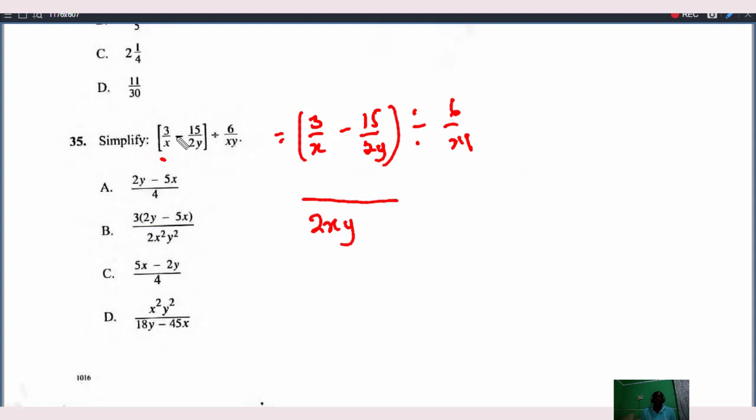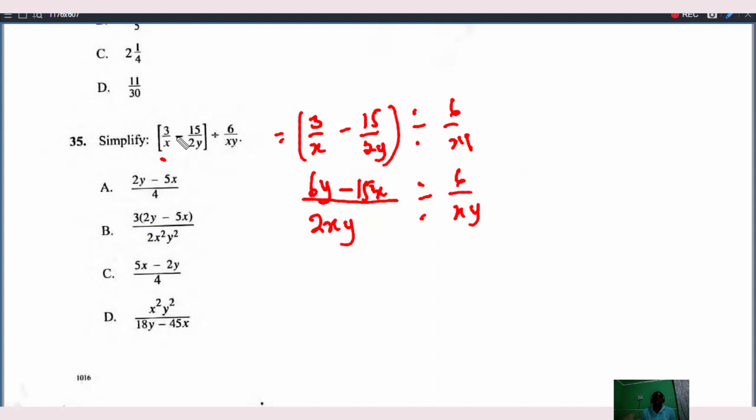So the x will cancel this, making 2y. That 2y times 3, 6y minus 2 will cancel 2, y will cancel y, remaining x. X times 15 will be 15x divided by 6 over xy.